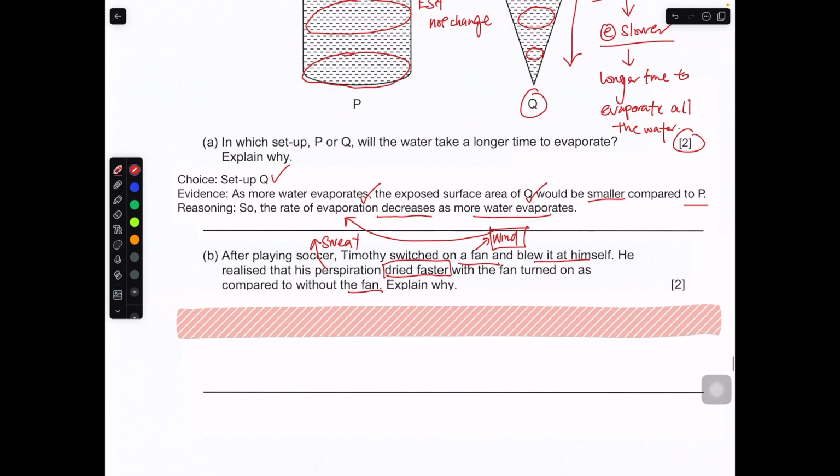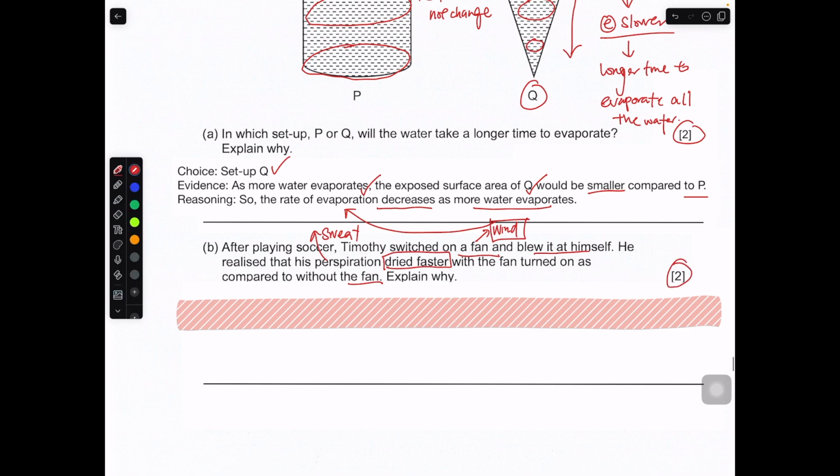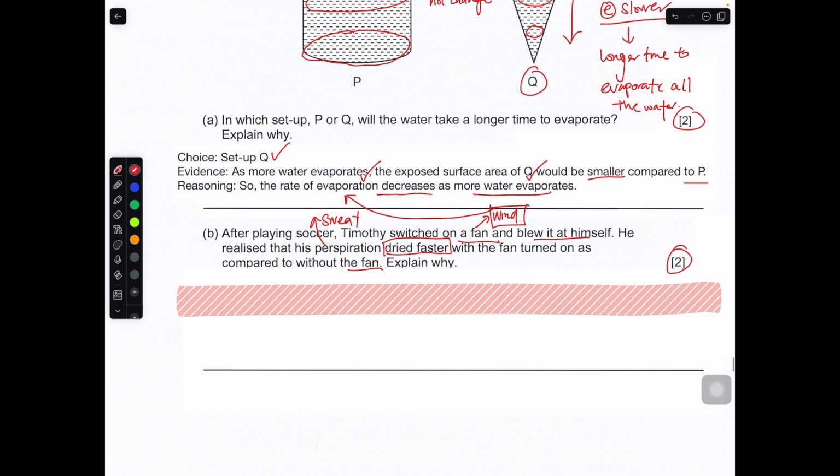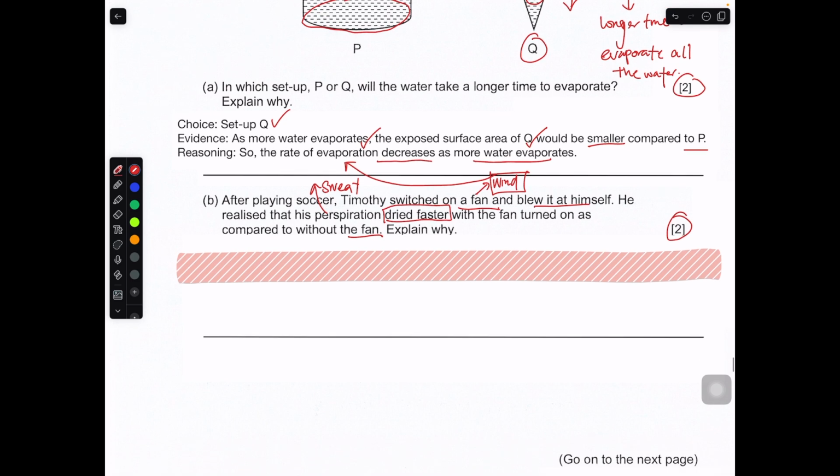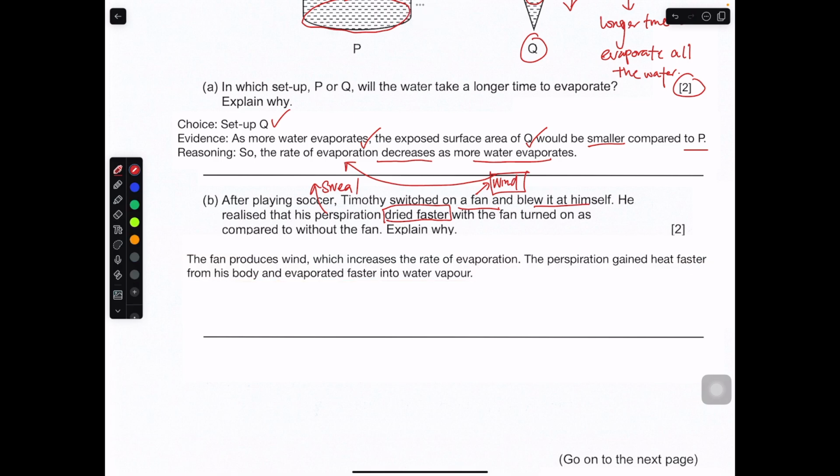So for this part, there are 2 portions. First, you probably need to tell me that the sweat gains heat from his body to evaporate into water vapor, and the fan increases the rate of evaporation, therefore the water evaporates faster. So this is something that you could have written. The fan produces wind, which increases the rate of evaporation. First you have to make the connection.